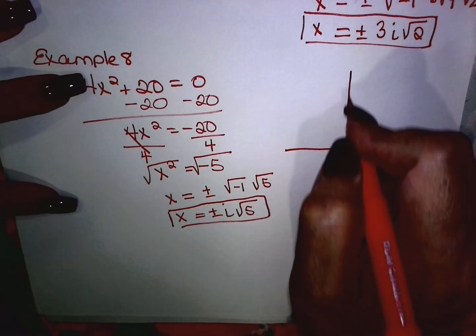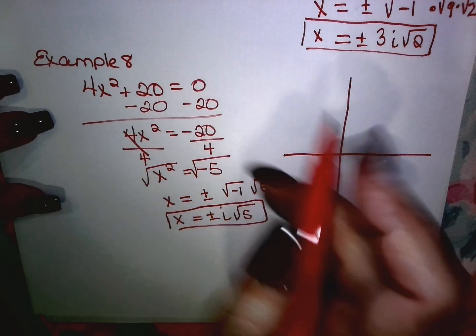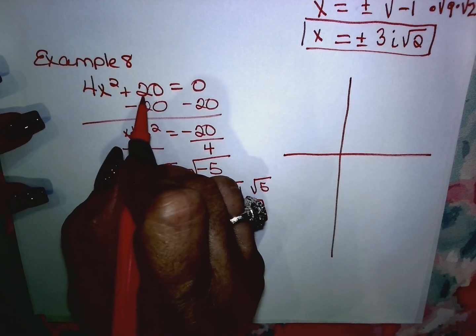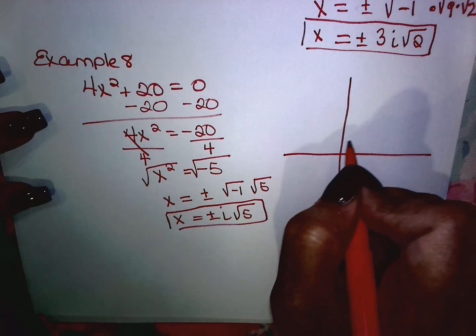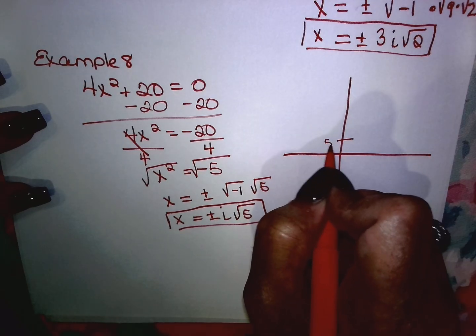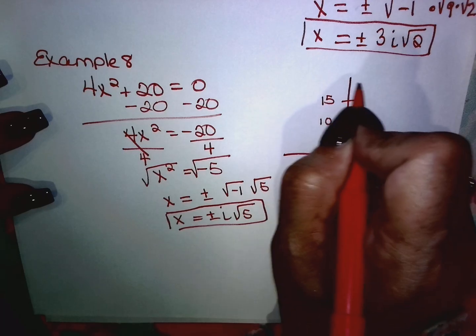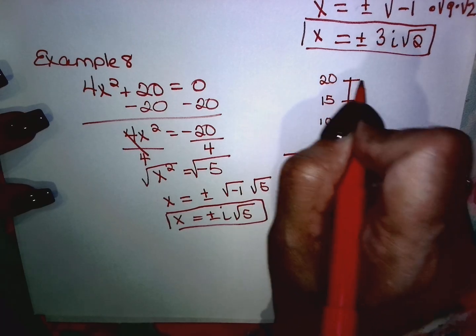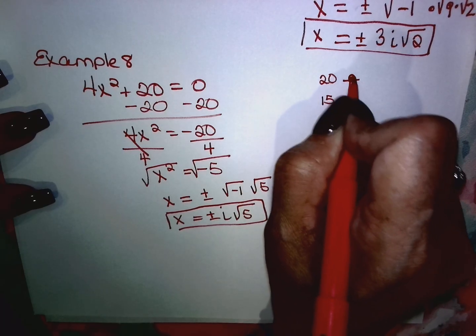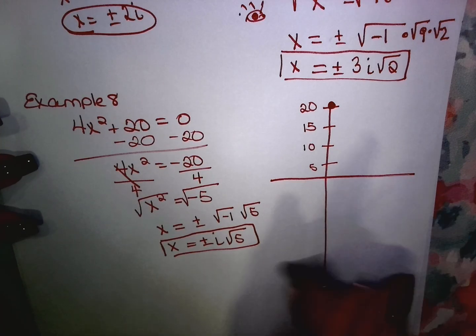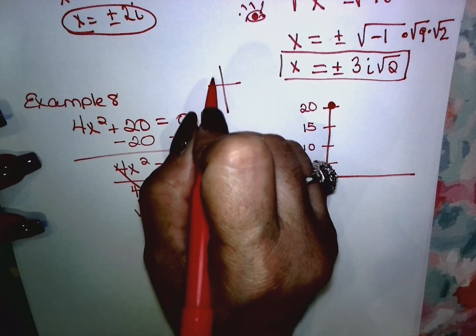From what we know, the y-intercept is at 20. So let's say this is 5, 10, 15, 20. So the y-intercept is at (0, 20). And we can pick a couple of points here.